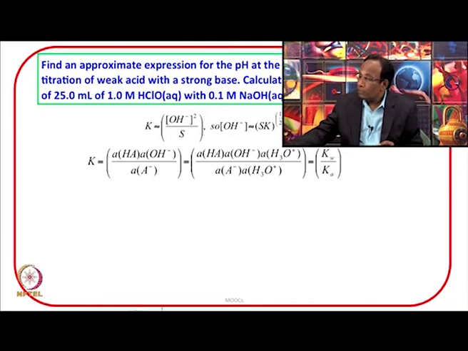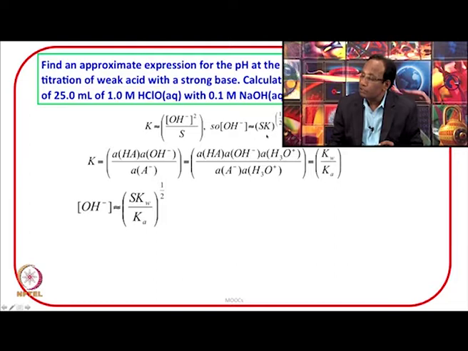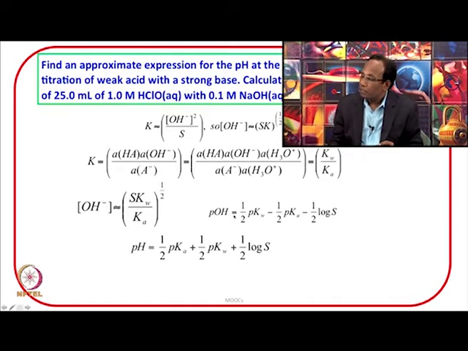From this, if I substitute Kw by Ka for K into this expression, I get the expression for OH, and from this I can easily get pOH by taking logarithms, and pH plus pOH is equal to pKw. Therefore, I can express this equation in the form of pH, and this is the expression that we were looking for.